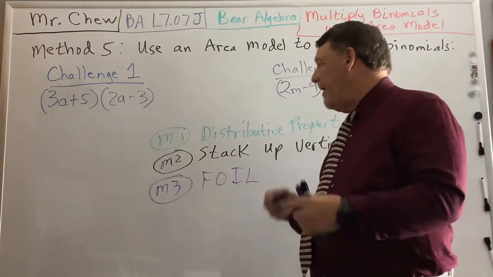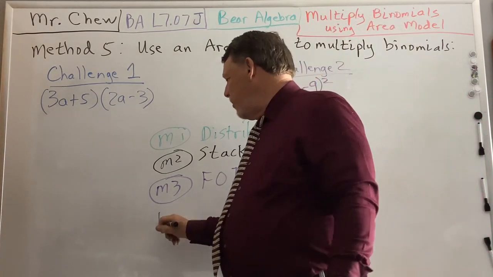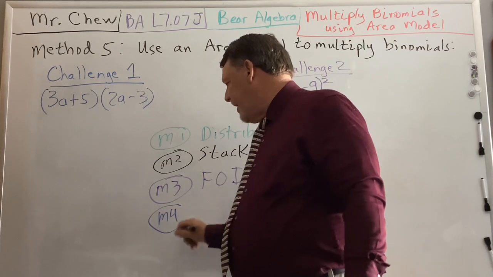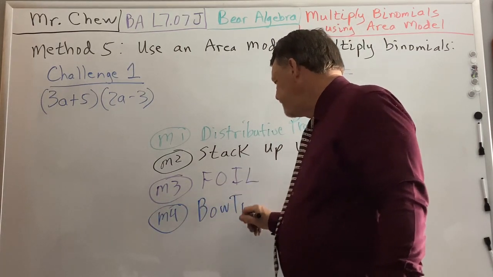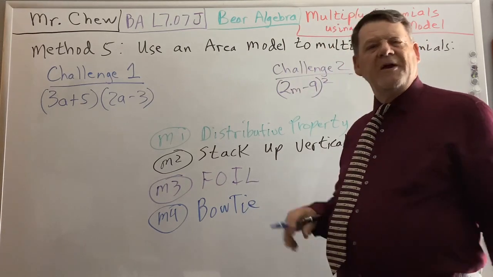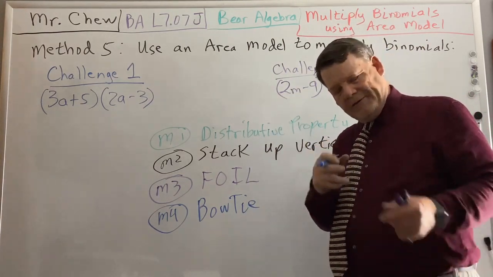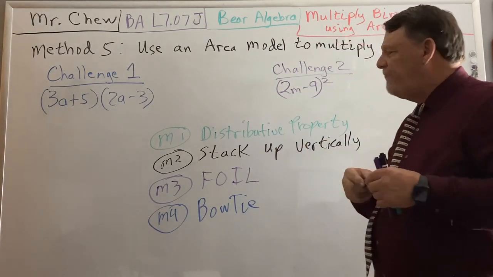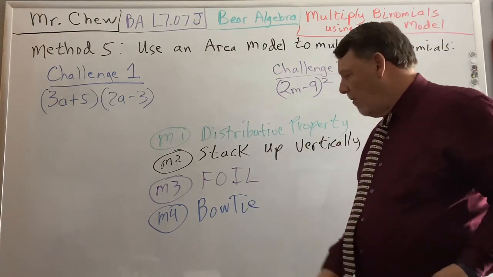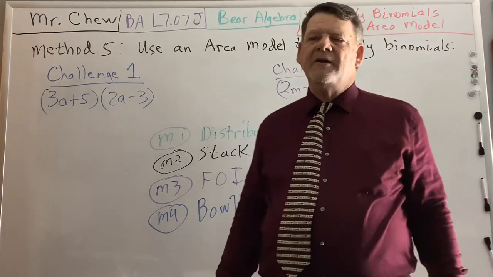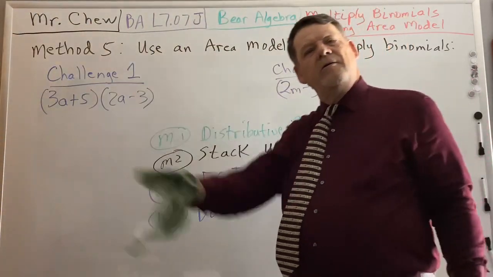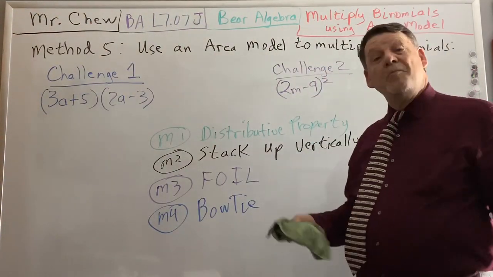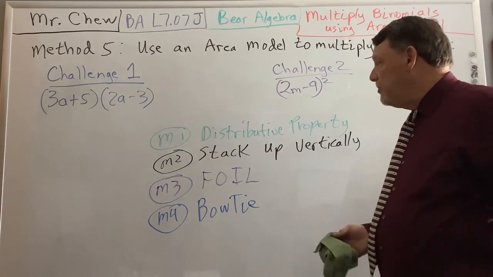And then we've got method 4, which was one of my original names. I call it the bow tie method, which meant you just draw the bow tie. You can find my videos for all of these in the multiplying binomials playlist on my YouTube channel.